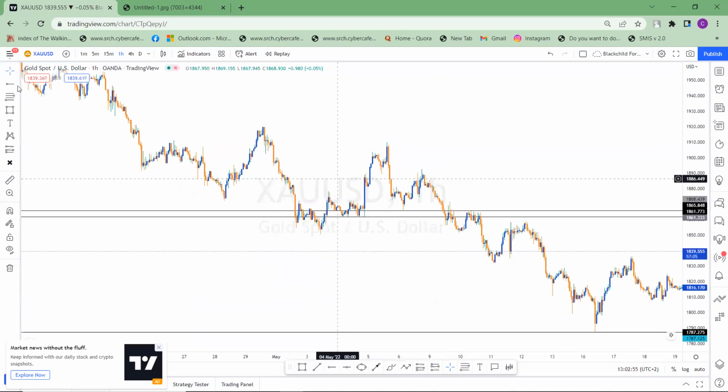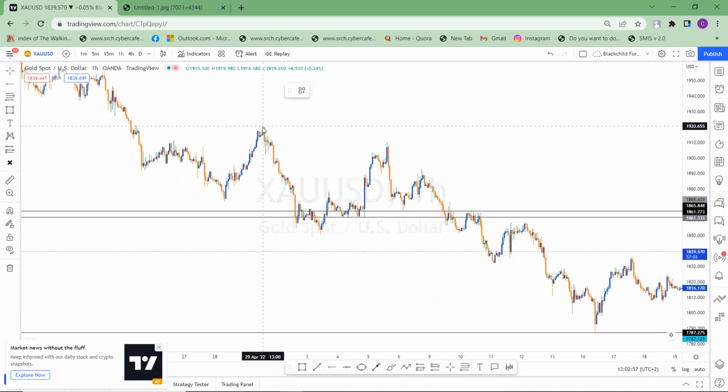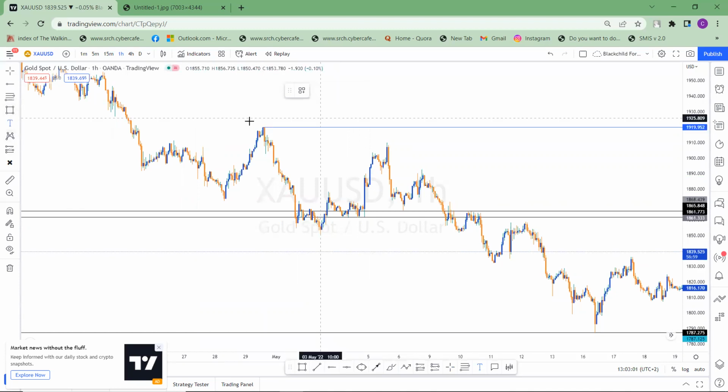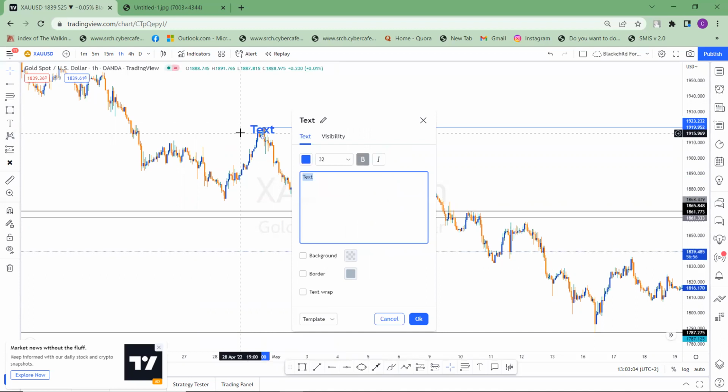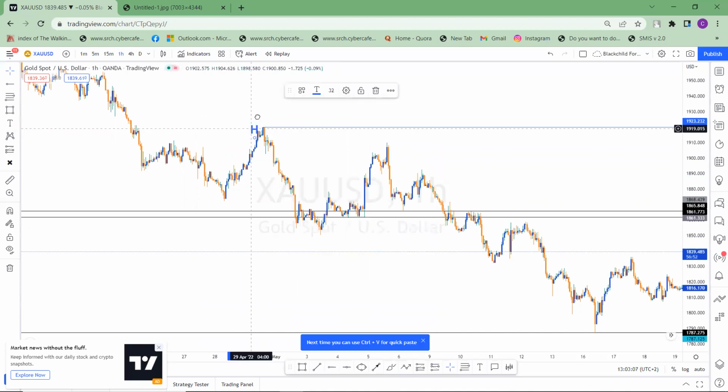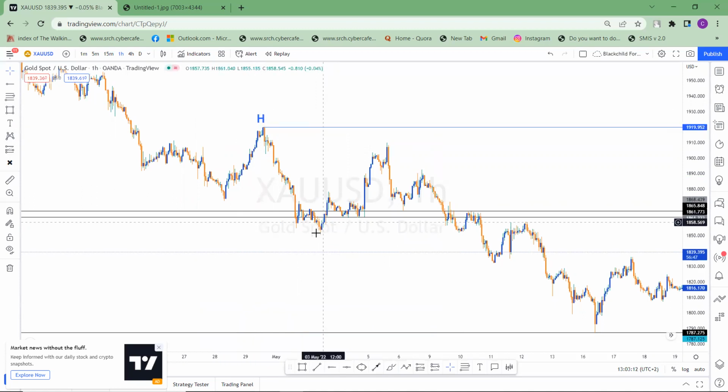So in this case, we have this, which is the highest high, which is actually the highest price of this commodity. And then you find that on this high price, we have this lowest price, right?